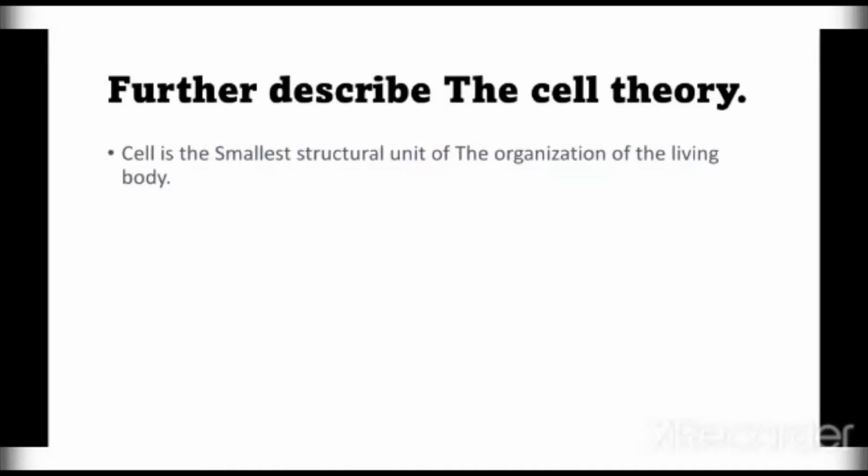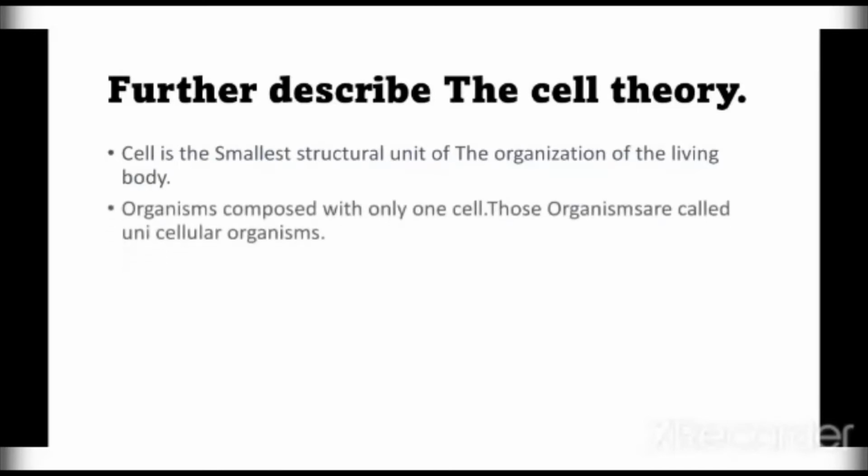And next we learn the second part of the cell theory. All organisms are made up of one or more cells. In the world, every organism is divided into two groups, unicellular and multicellular organisms. We learned in previous grades that organisms composed of only one cell are called unicellular organisms.